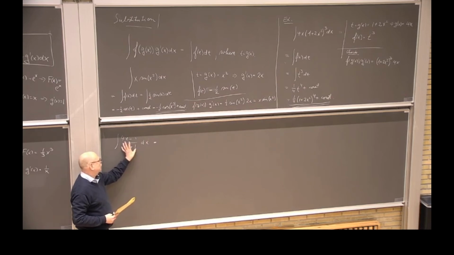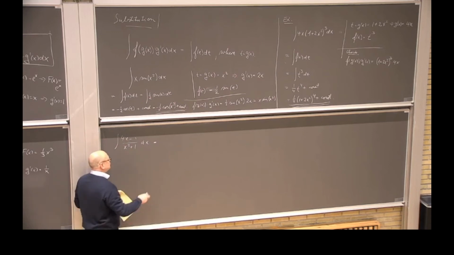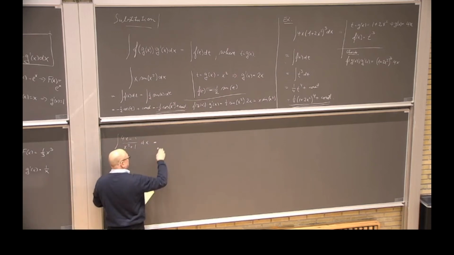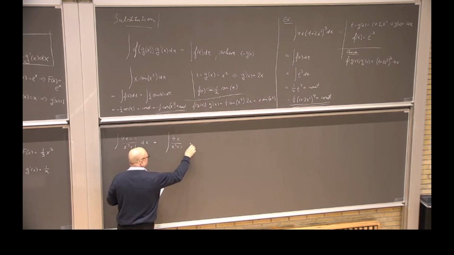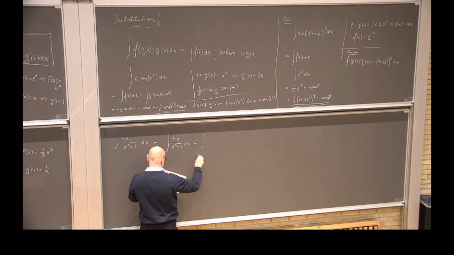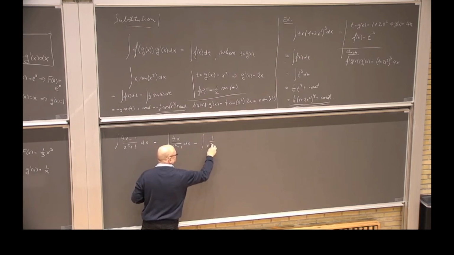You have polynomials in the numerator and the denominator. And often you split the integral. This is one of the computational rules for integrals. That is, you take this as the first integral, and then this one as the second integral.